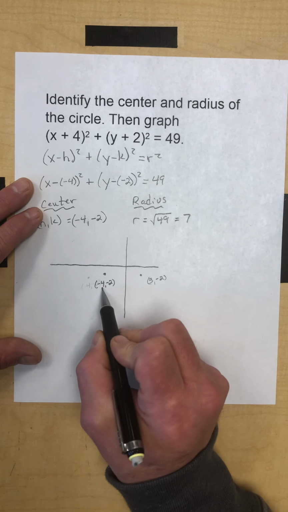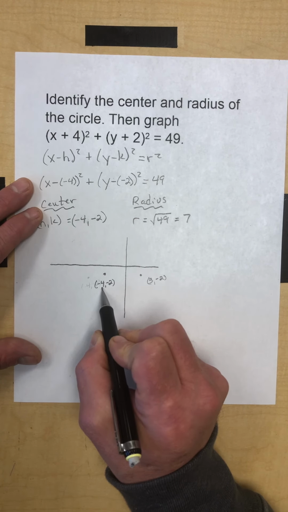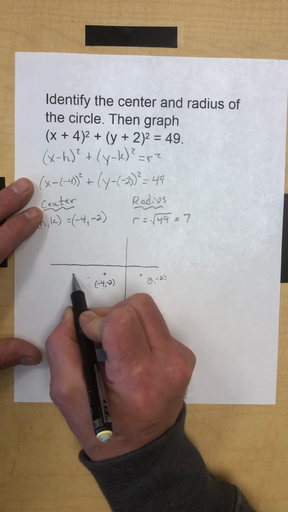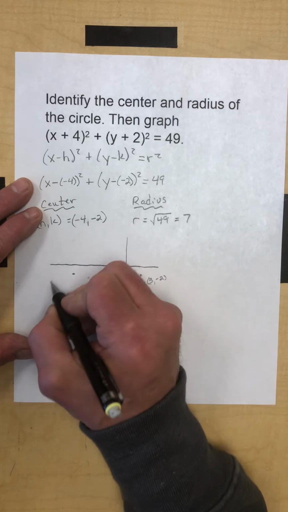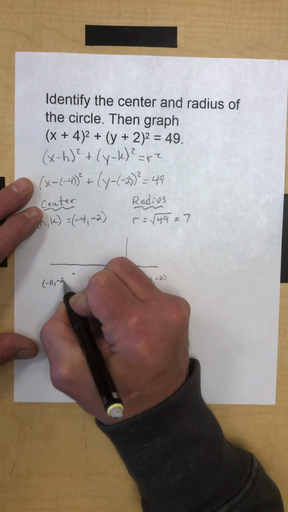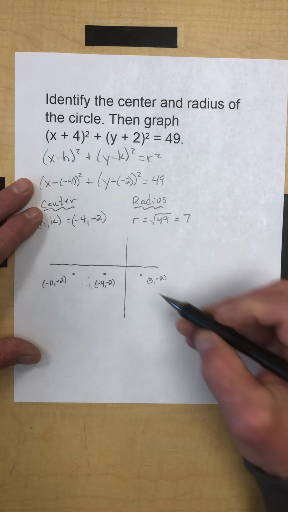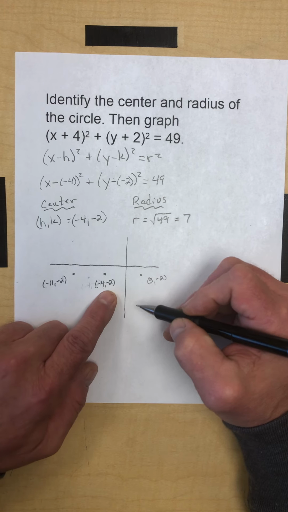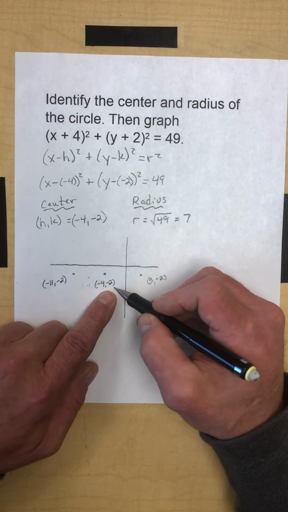If I go 7 to the left, I'd have to subtract 7 from negative 4. Negative 4 minus 7 is negative 11, so that's at negative 11, negative 2. Now I got to go 7 up and 7 down, which means I have to add 7 and subtract 7 to the y-coordinate.